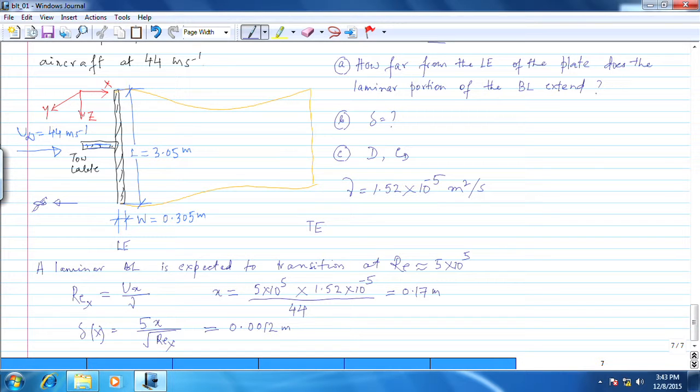So, essentially we have a laminar boundary layer extending up to 0.17 meters away from the leading edge of the plate, and the maximum height of the boundary layer is 0.0012 meters, right. Now, if this is so, what is the third question? So, what we need to now do is calculate the drag and the CD. So, let us continue to do that in the next module.